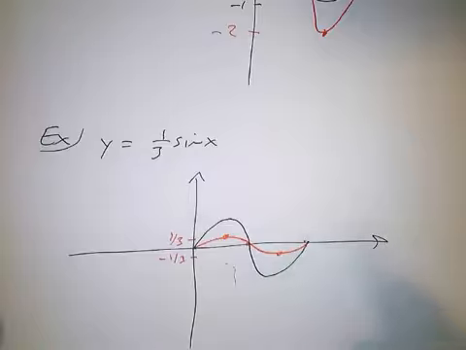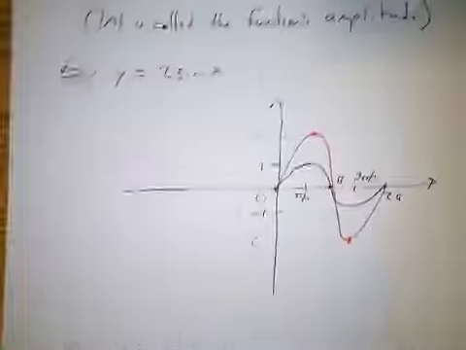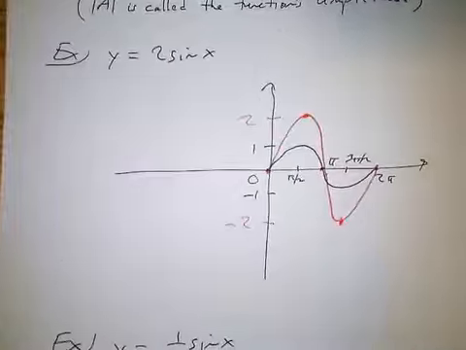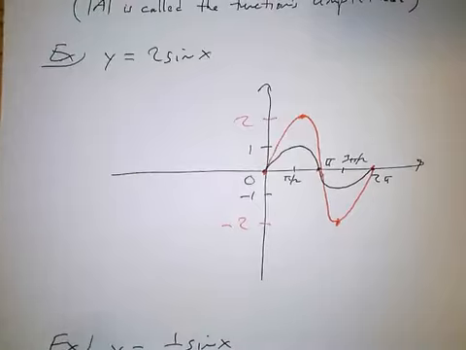Now, it might seem a bit unfair, because with the previous video it was the opposite. When we were multiplying through by 2, for instance, when we had sine of 2x, it actually shrunk horizontally. It didn't stretch. Why are we stretching vertically here? It doesn't seem right. Well, the reason is that my 2 here is on the outside.